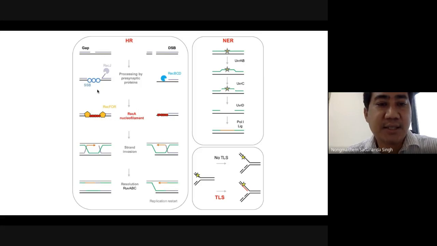There is a single-stranded region which helps in the polymerization of RecA, and RecA helps in finding the homologous pair and continues for recombination repair. What is to be noted here is that RecA forms a filament in these single-stranded DNA regions. This has to be noted down.